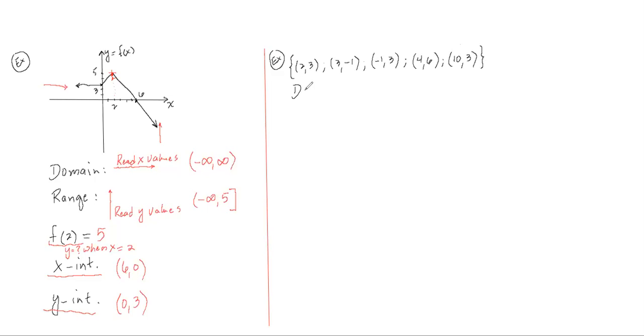Find me the list of domain values here, the list of range values here, and then also answer, is this relation a function?